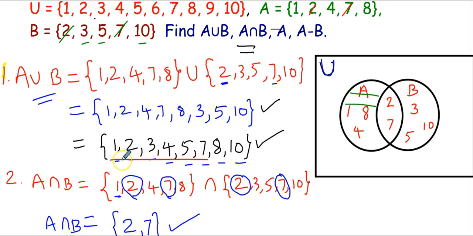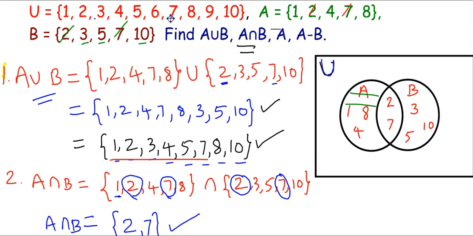A union B contains 1, 2, 3, 4, 5, 7, 8, 10. This is 1, 2, 3, 4, 5, 7, 8 and 10. So from that universal set, we already have all these elements. Now what is left over? What is the remaining?